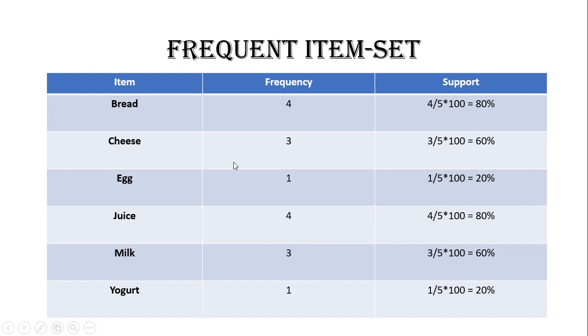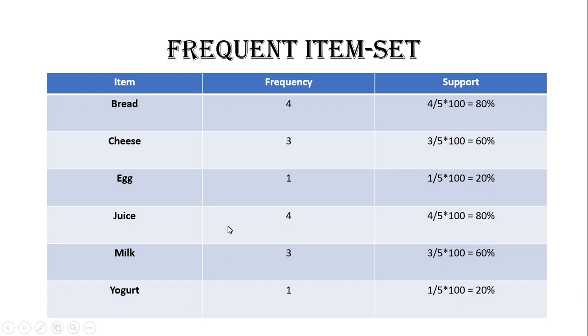According to that we have to find the frequent item sets. But what is given in the question is that the support must be 50%. Which items are below 50%? The egg and the yogurt are below 50%.